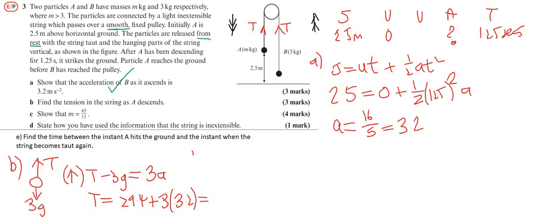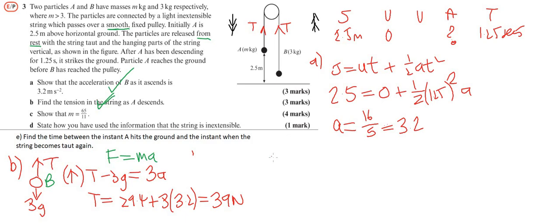So 29.4 plus 9.6 gives me 39 newtons. That's my tension. That should be fairly straightforward because all we've done is use F equals ma and resolved forces. Remember the only thing that's different here is the light inextensible string means that the tension is the same on both sides of the pulley because the string can't stretch, so those forces must balance each other out.